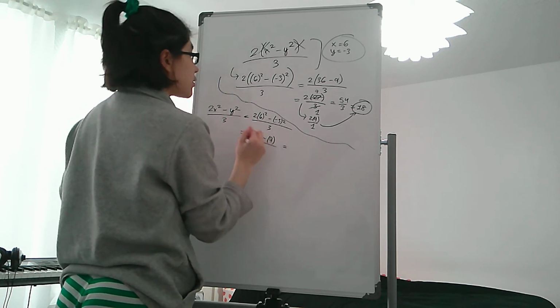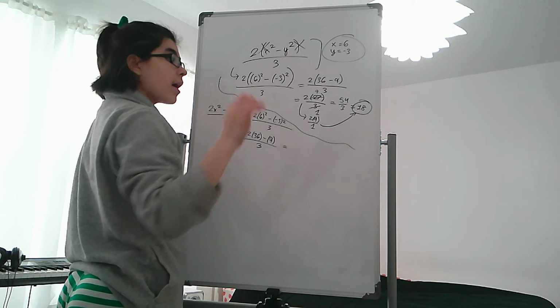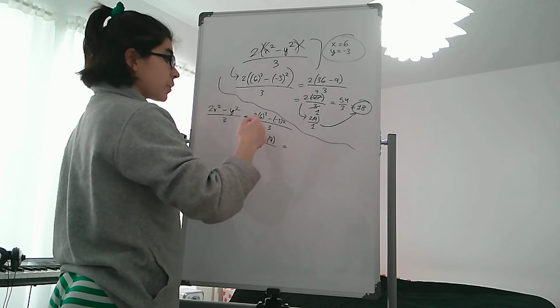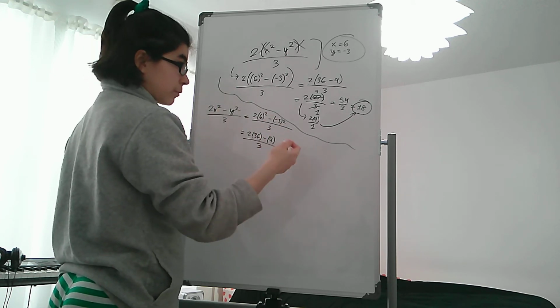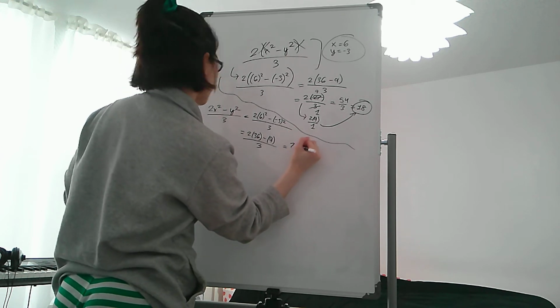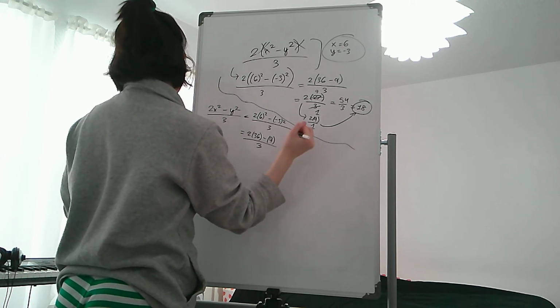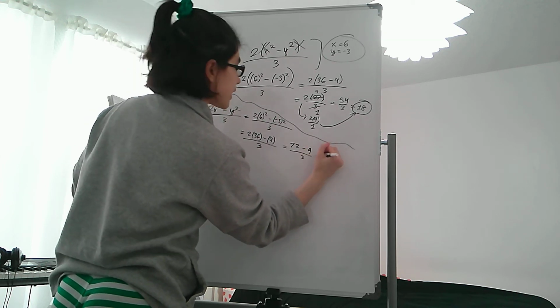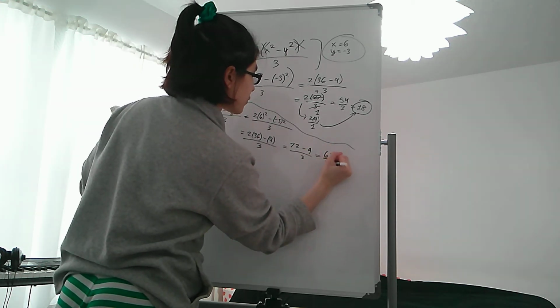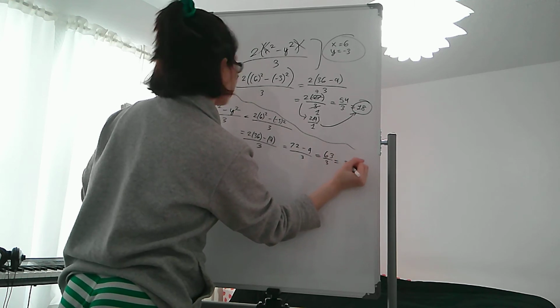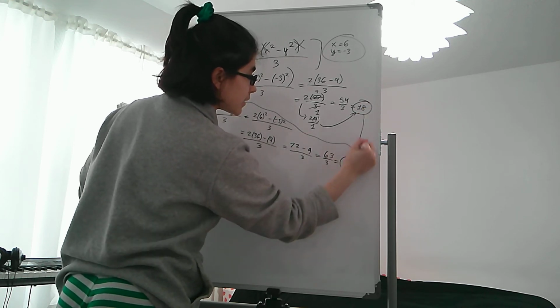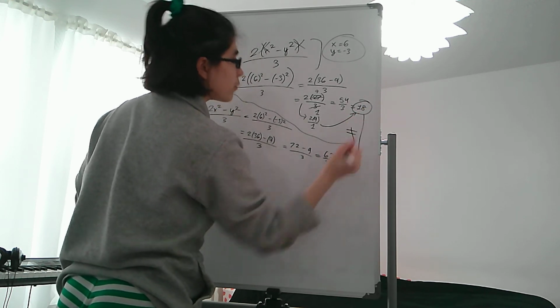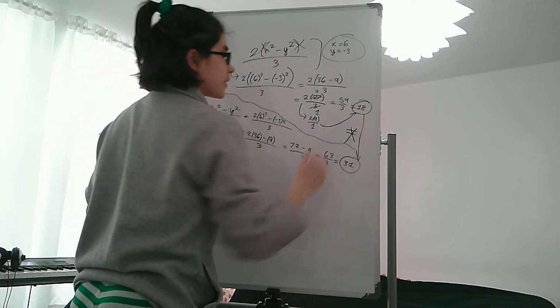But then you end up just multiplying the 2 by the 36. You don't multiply 9 by 2 like we did before. So you would have 72 minus 9 over 3, and that is 63 over 3, which is 21. So see, very different. This is not equal. Very different.